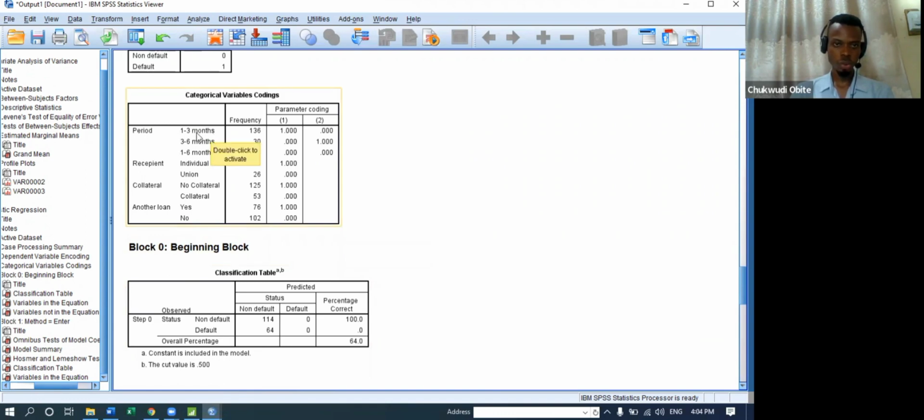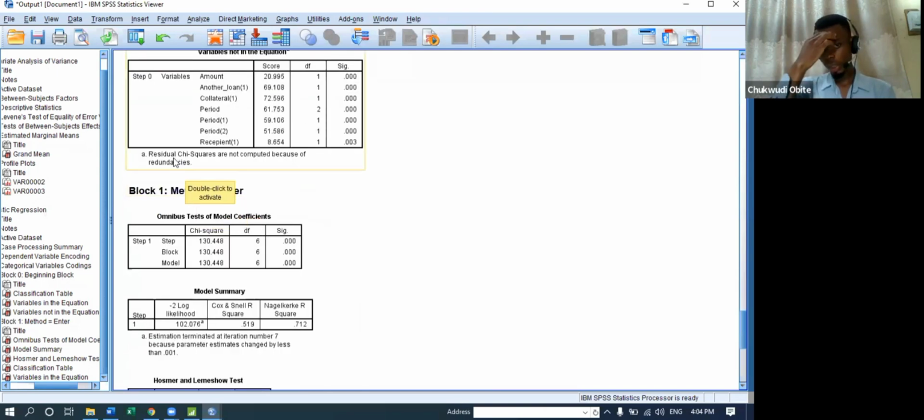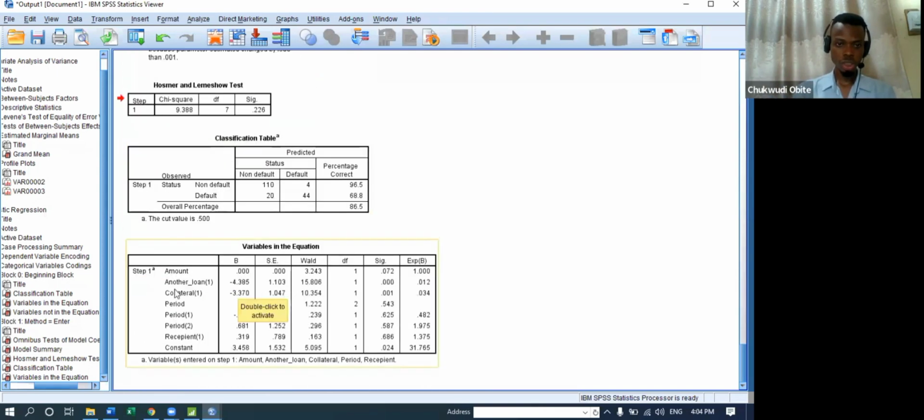So 0 means 1 to 3 months, 1 means 3 to 6 months, and 2 means 1 to 6 months. Recipient 0 means individual, 1 means union. Collateral 0 means no collateral, 1 means collateral. So now look at what is happening here. Based on this table, let me start with period.